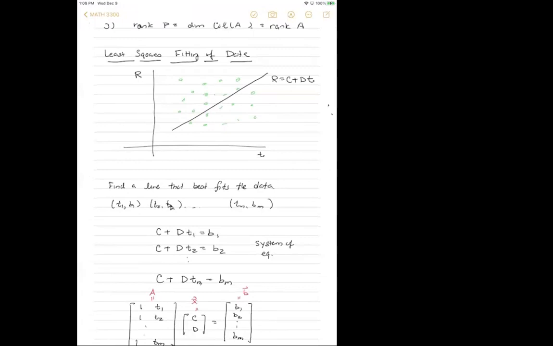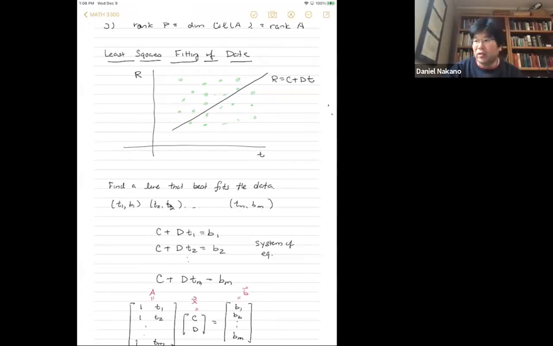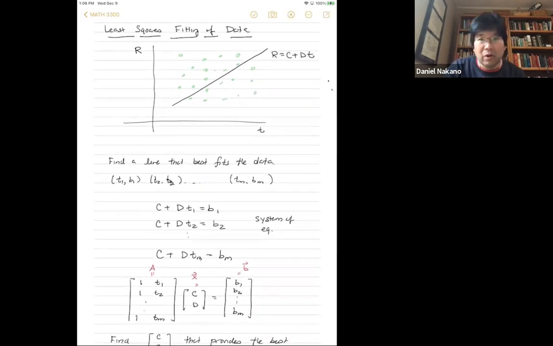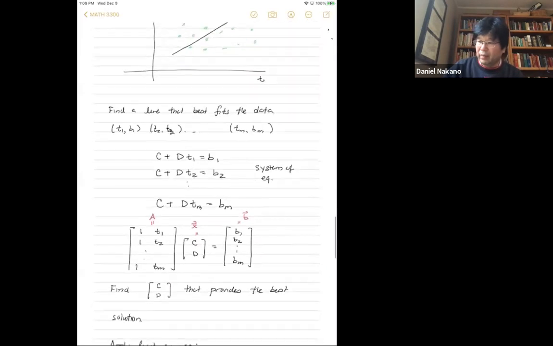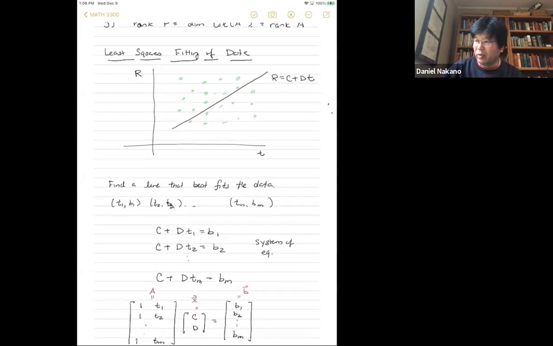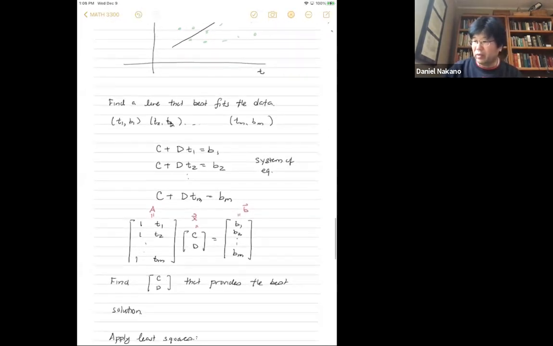Here's the idea. You have all these data points, like I have them over here: T1, B1, T2, B2, TM, BN. We're assuming that all these points live on the line y equals C plus DT, so that gives you a system of equations.